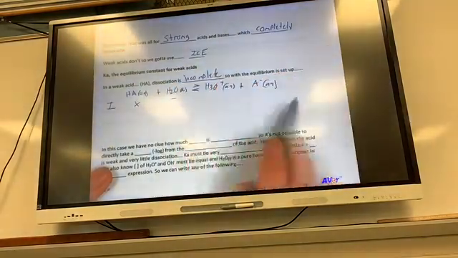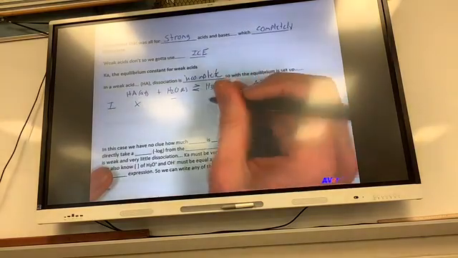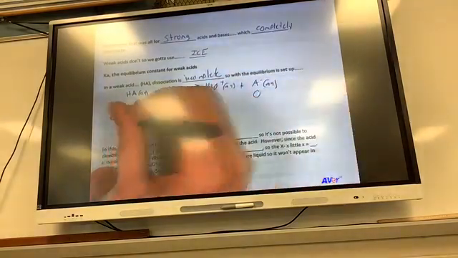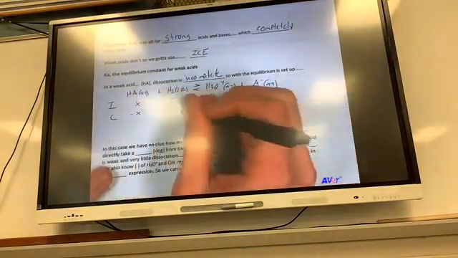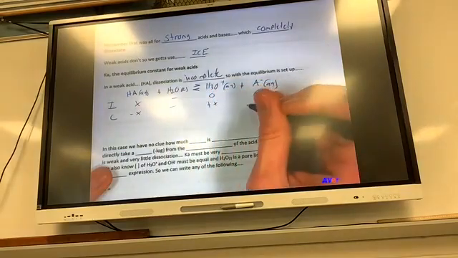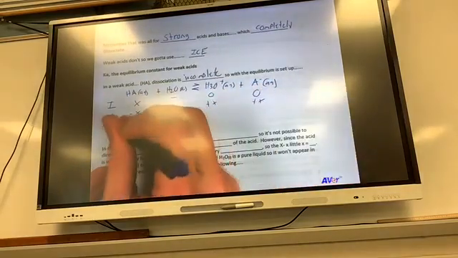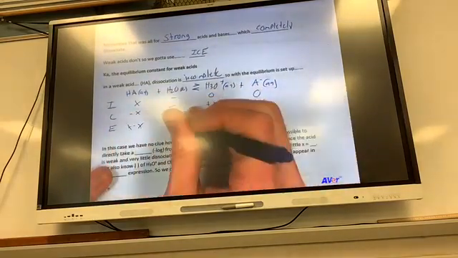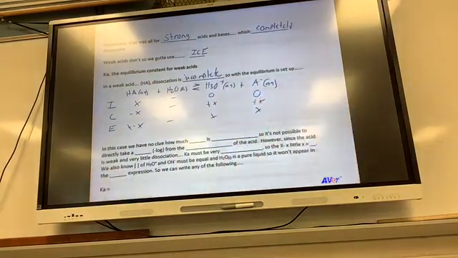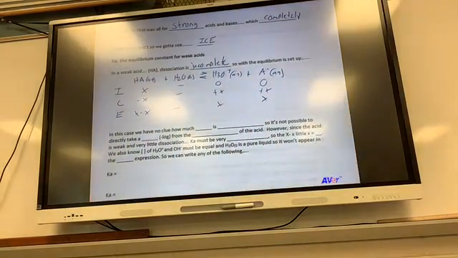Am I going to start out with anything on the right? No, because it has to dissociate. So 0, 0. My change is going to be minus x, not part of it, plus x, plus x. So my E would be x minus x, not part of it, x and x. So you guys know how to set up an ICE.